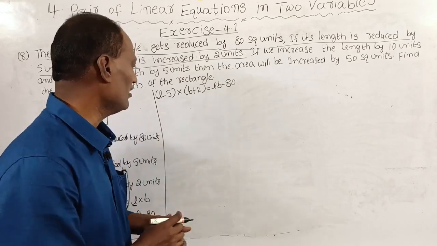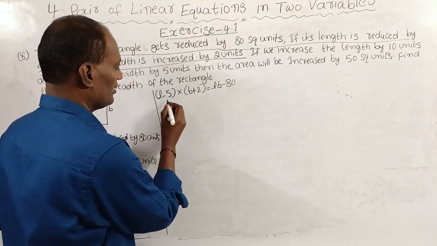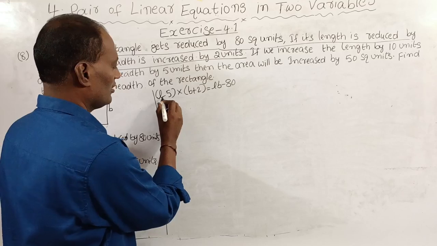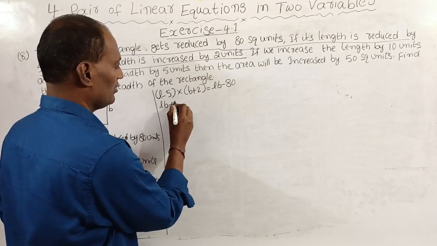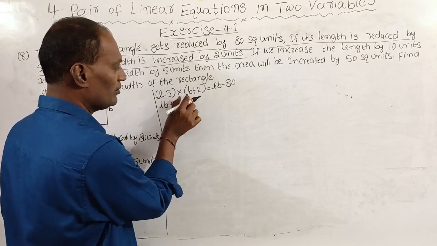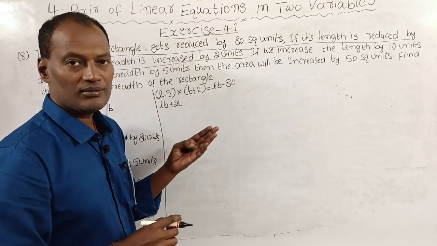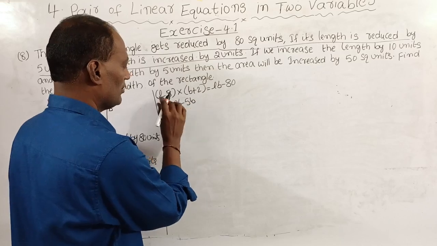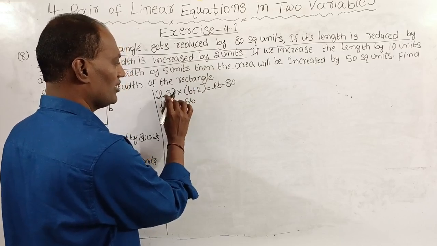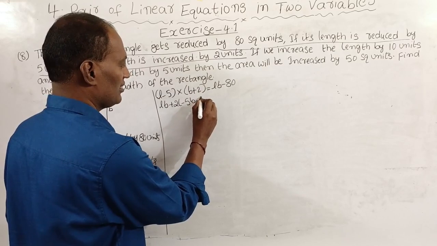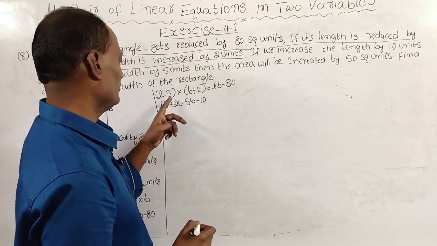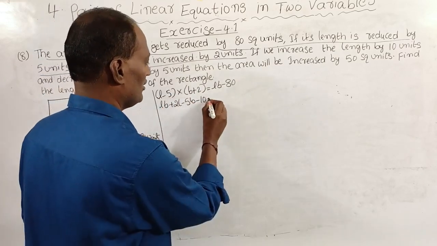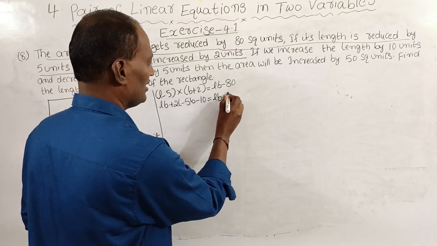L into B, LB. L into plus 2, 2L. Minus 5 into B, minus 5B. Minus 5 into plus 2, minus 10. Equal to LB minus 80.